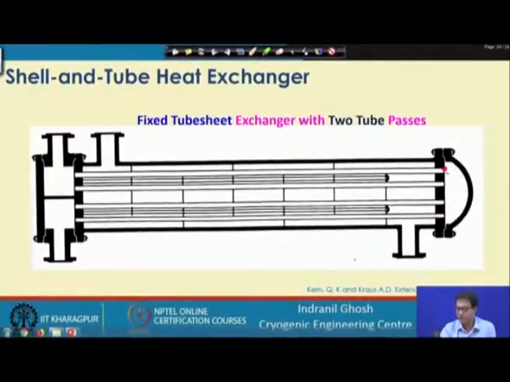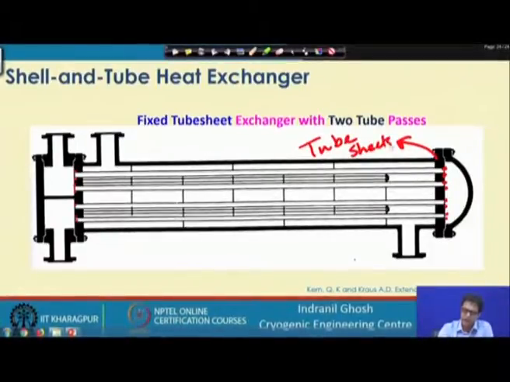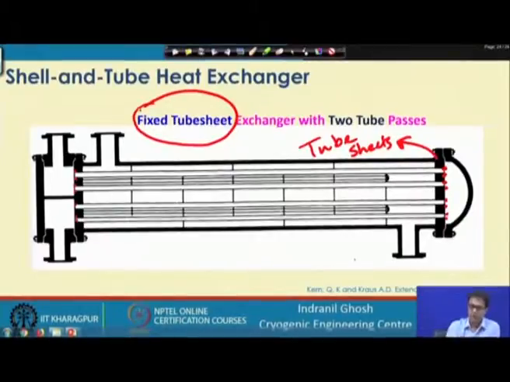So, all these points will be welded, which means these tubes are fixed rigidly with the tube sheet. The tube sheet and the tubes are rigidly connected, and that is why this is a fixed tube sheet exchanger with 2 tube passes.